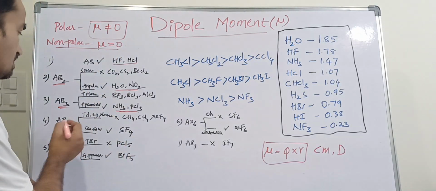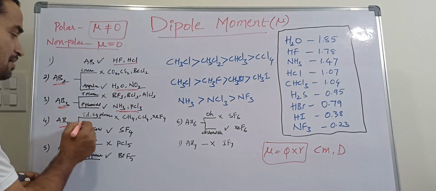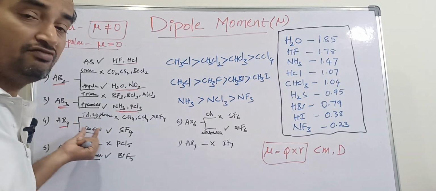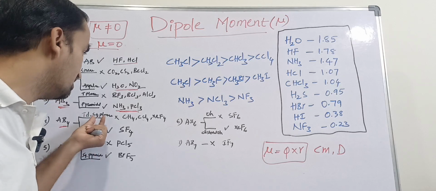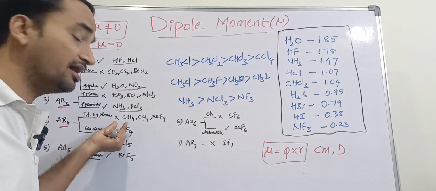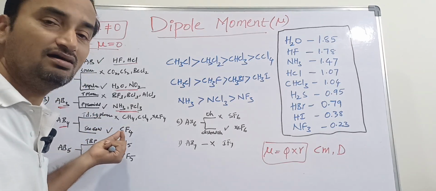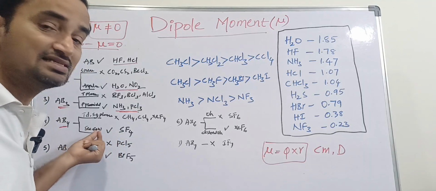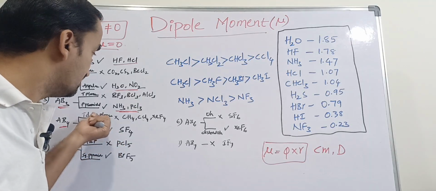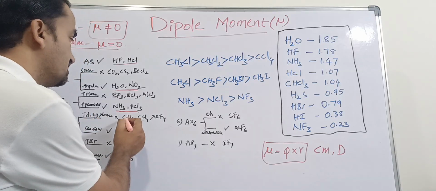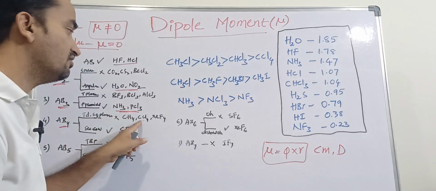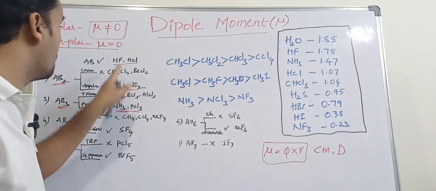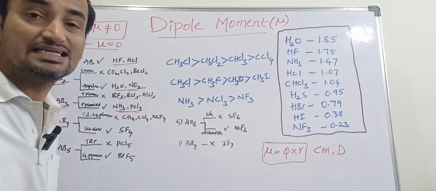Okay. Now the next one is AB4 type. In the AB4 type, again we will find two types of molecules. The molecule will be AB4 type, but here it can be tetrahedral or square planar. And also with the lone pairs, it may exhibit distorted structures like a seesaw structure. Now, in the case of tetrahedral and square planar, like you see here, CH4, CCl4, XeF4, in all these cases mu is 0.